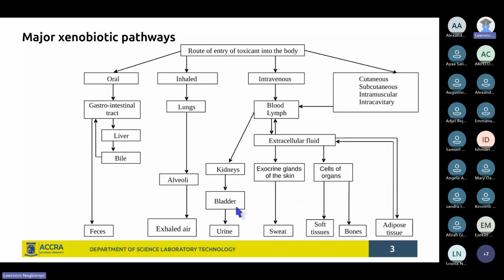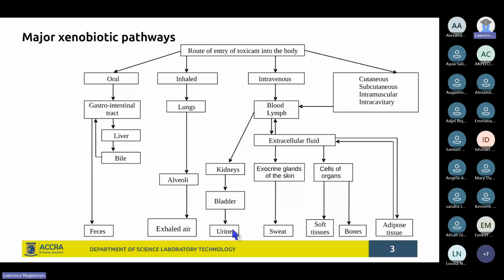The sample that is used for testing of these things is urine. That is, if you want to make use of a non-invasive method in testing for these things, then urine is the most used sample.